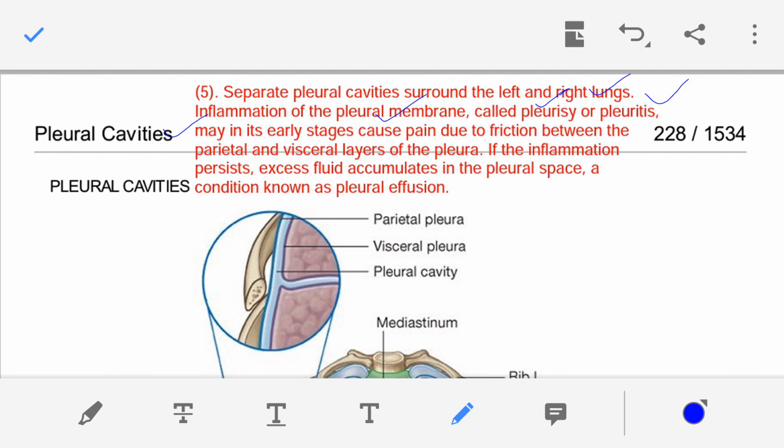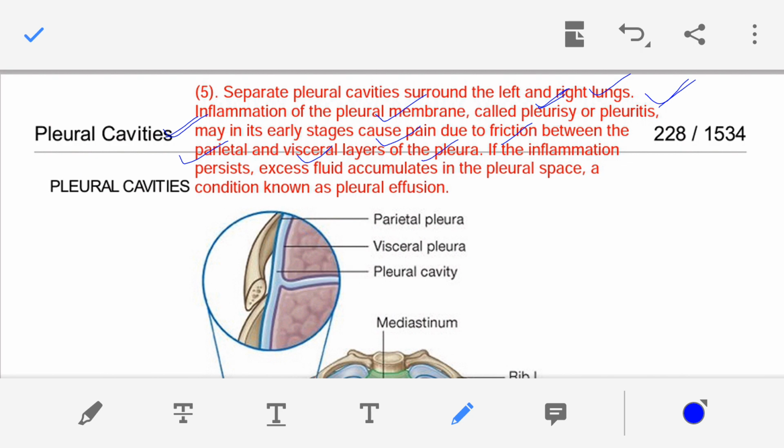Now in this condition of pleurisy, if it is in the early stage, this inflammation of the pleural membrane causes pain to the patient's body. And why is this pain occurring? The pain is occurring due to the friction between the parietal and visceral layers of the pleura.